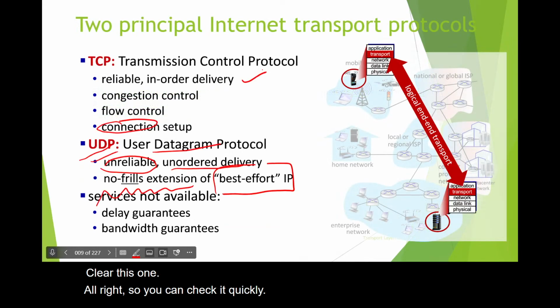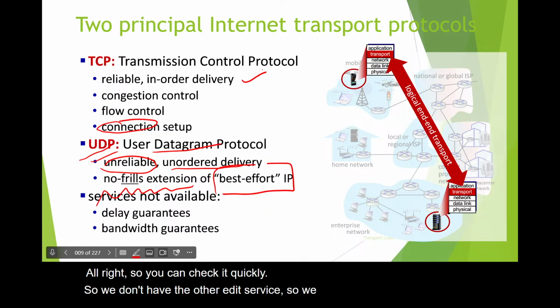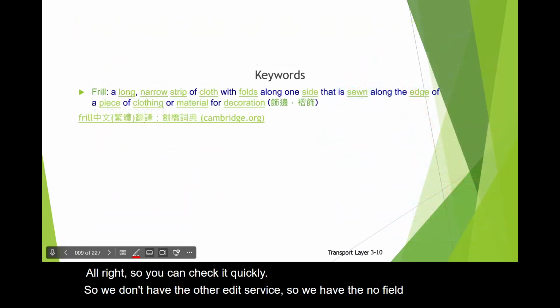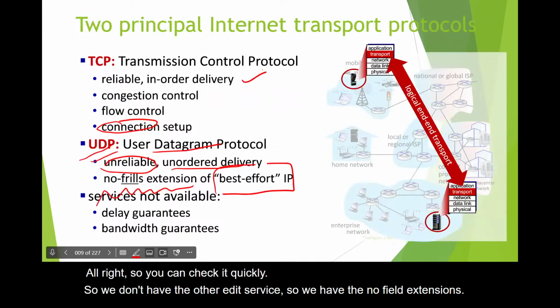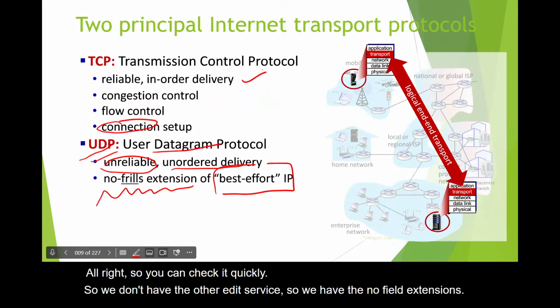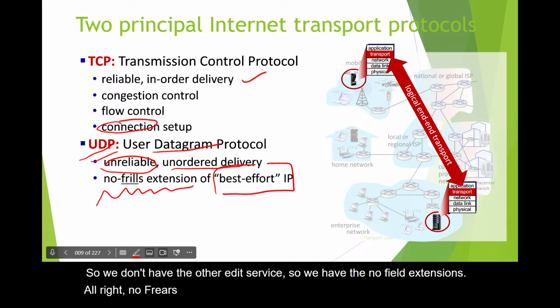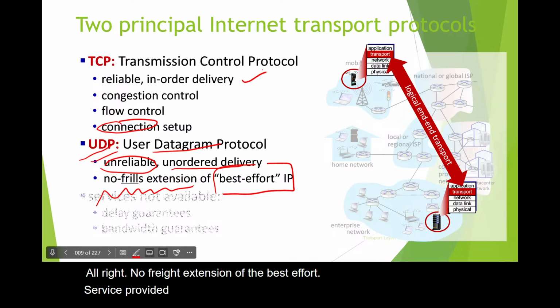We don't have other added services, so we have the no frills extension of the best effort service provided by the IP layer. This is the network layer.